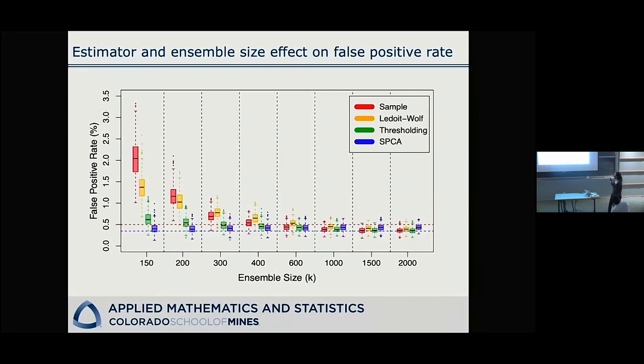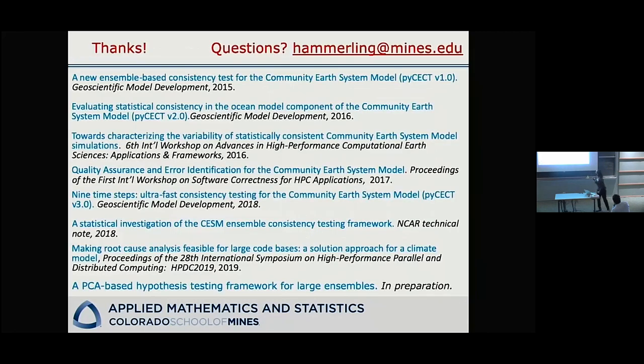You can see that at small ensemble sizes, using a naive sample estimate is suboptimal in terms of sticking to your false positive rate. This is actually a pretty interesting theoretical problem, but if you can run a large enough ensemble, it clearly doesn't matter. So if you can really push up the ensemble size, there's nothing that should give you a headache. All right, so with that, thank you.